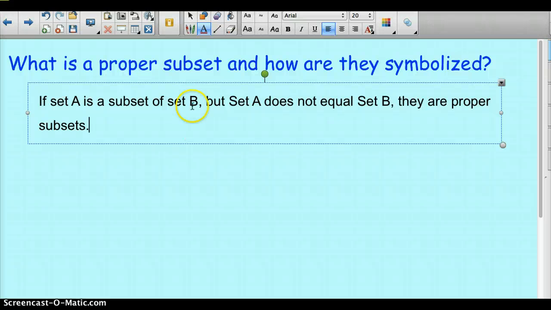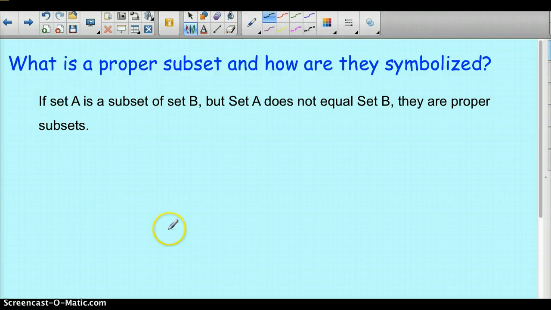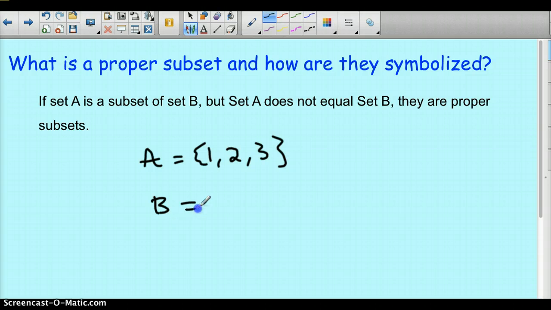So let's use a couple of examples here. We have sets A, B, and C. All right. Well, set A is going to be 1, 2, and 3. Set B is going to be 2 and 3, and set C is going to be 1, 2, and 3.